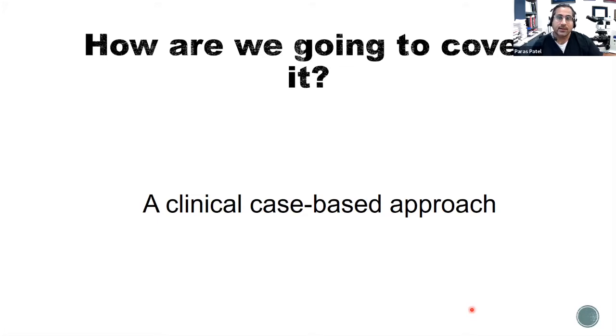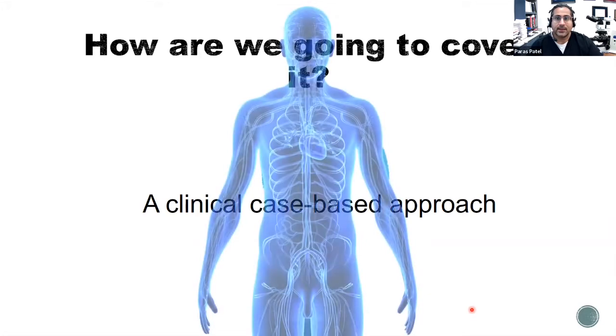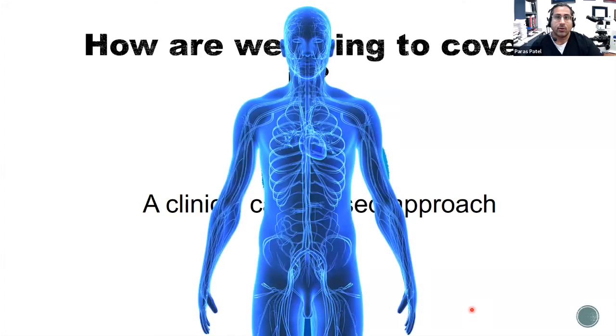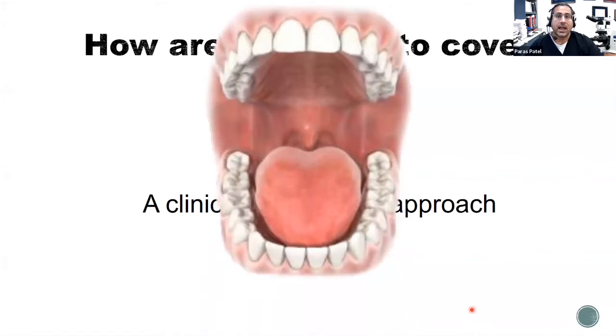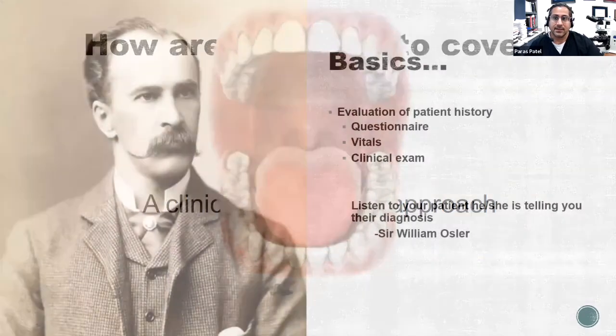And so we'll talk about the underlying systemic diseases that could result in a given presentation, and not only that, but when we go into those systemic diseases, we'll talk about some of the other manifestations that you can see as a result of those diseases. So again, it is the overall body that we're going to look at, but specifically what can present in the oral cavity in regards to some of the underlying diseases and conditions.